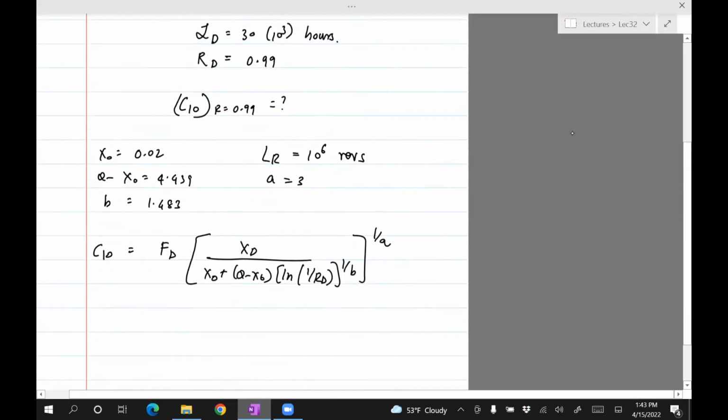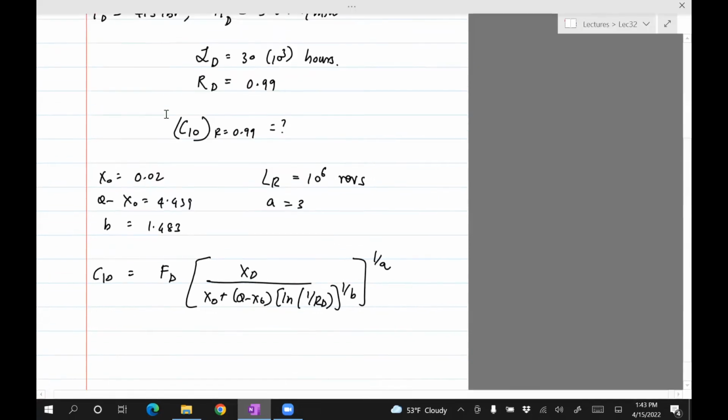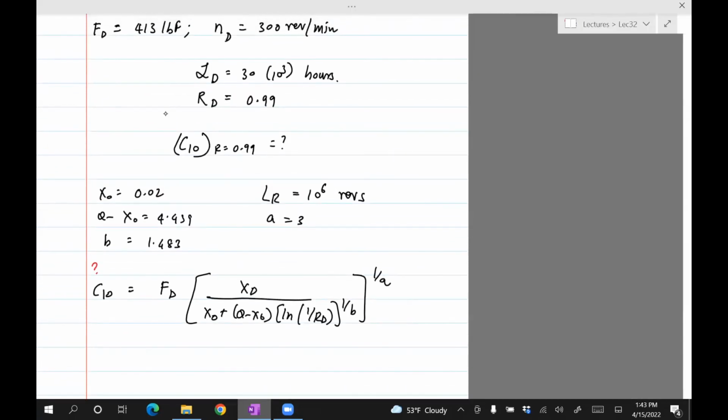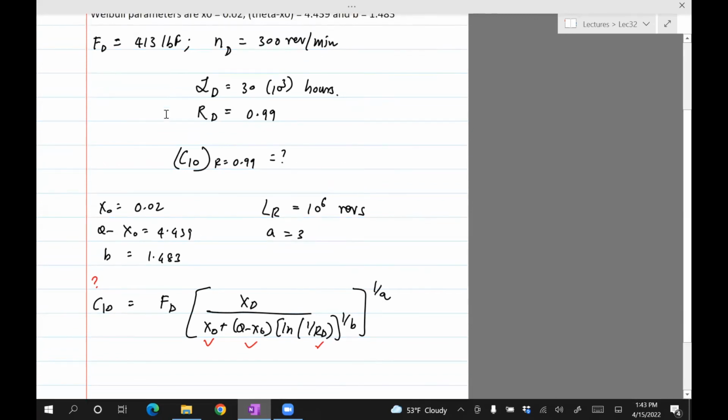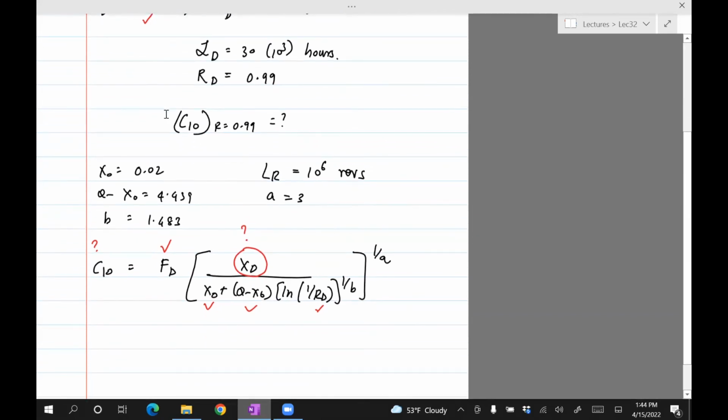Let's see what's given and what's not. C10 is unknown. x0 is given. Theta minus x0 is given. The reliability at D is given, 0.99. And FD is the desired load, so it's also given. However, we are not given XD. This is an unknown. Once we find XD, we can sub in the value for XD and compute C10.